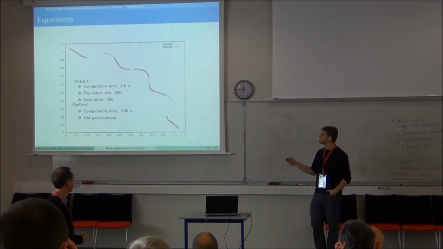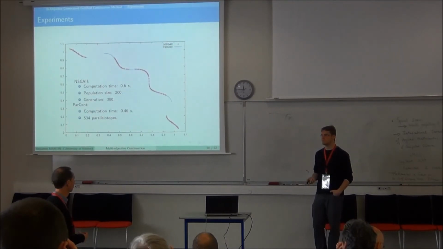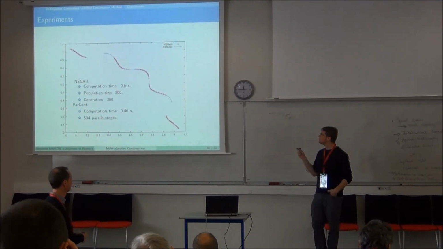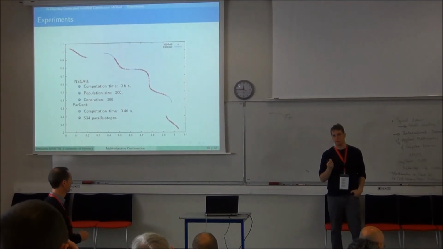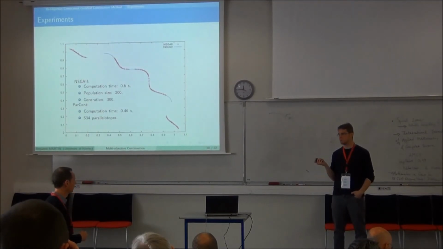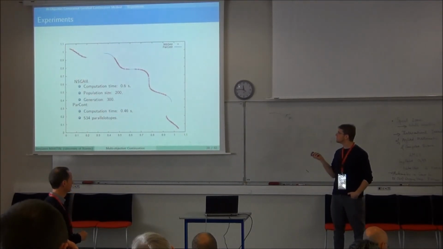By now, it's very simple. We start NSGA2, and when it's finished, we pick a solution and apply the continuation. That's all. The technique is not really integrated into the process. But we think that certified continuation is maybe not useful inside the meta-heuristic, but after.